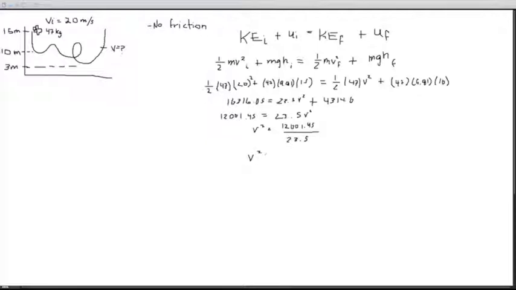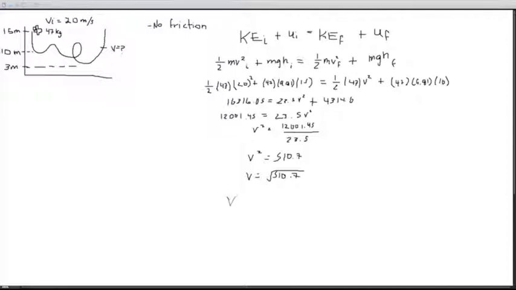So v squared is going to be equal to 510.7. So the velocity is going to be the square root of that, because it's squared, so to undo the square, we get the square root. And that is going to be your answer.